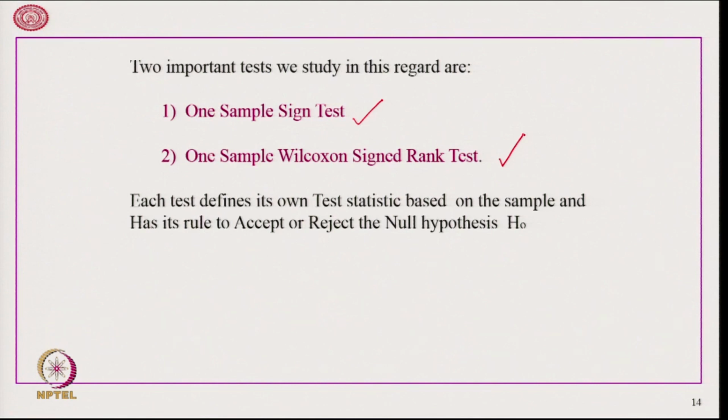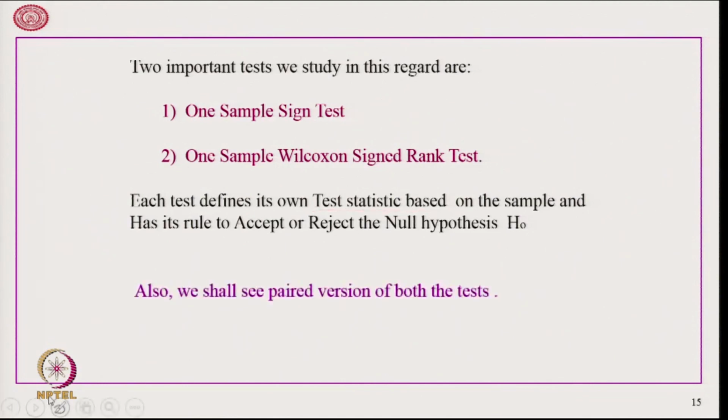Each test defines its own test statistic based on the sample and has its rule to accept or reject the null hypothesis H naught. Also, we shall see a paired version of both the tests, which perhaps we shall do in the next class, but let us first see what these two tests are.